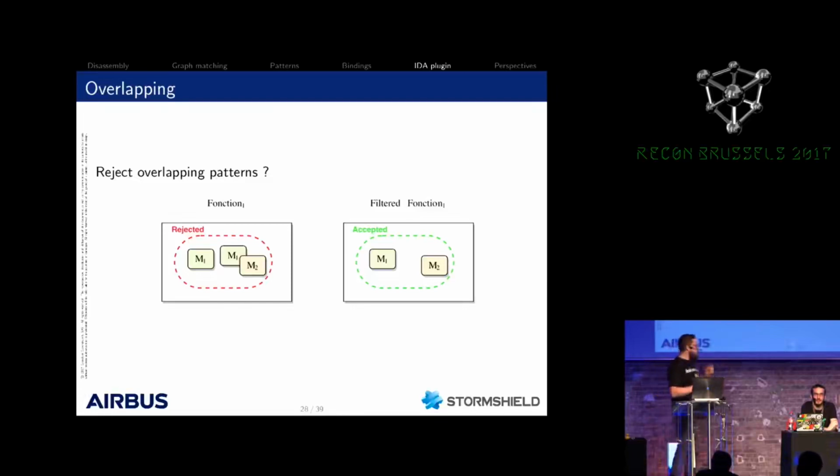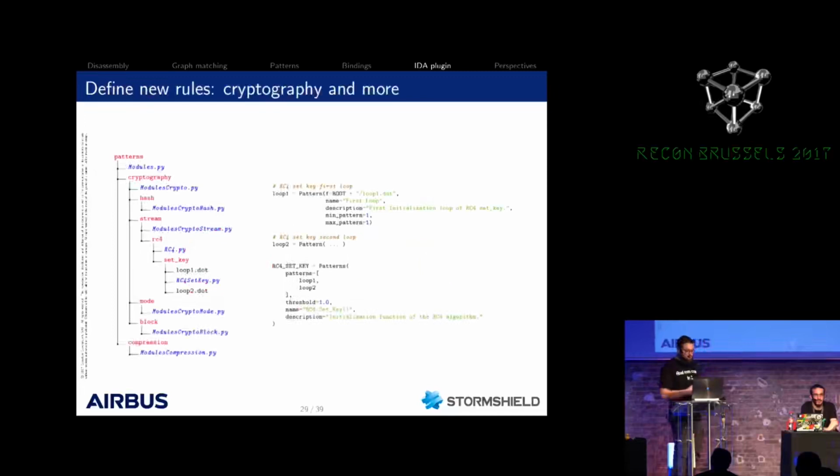There is an overlapping between the first and the second. So if we remove the pattern number 1 for the overlapping, we have valid matches at the right. So we can say, okay, it's our function. This technique is not yet implemented in GRAP.